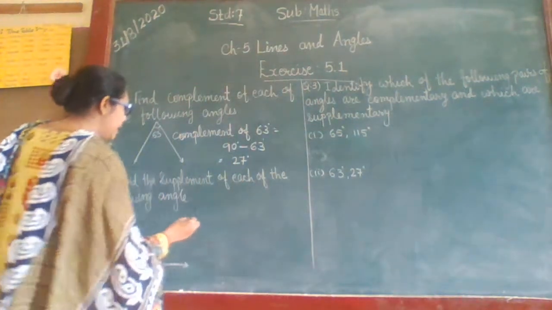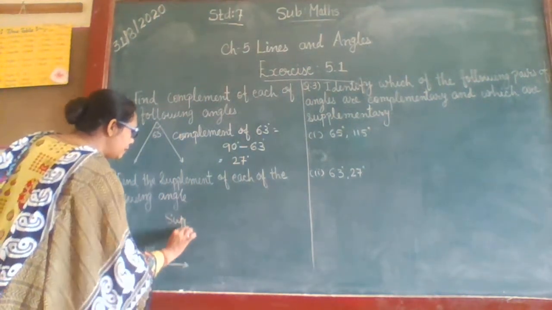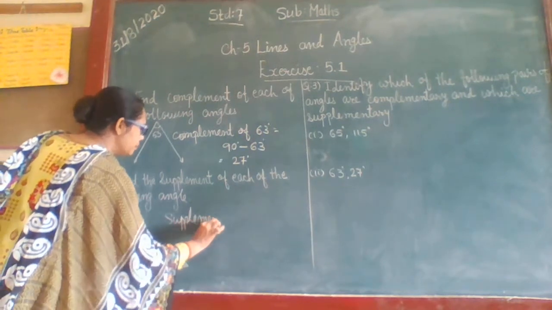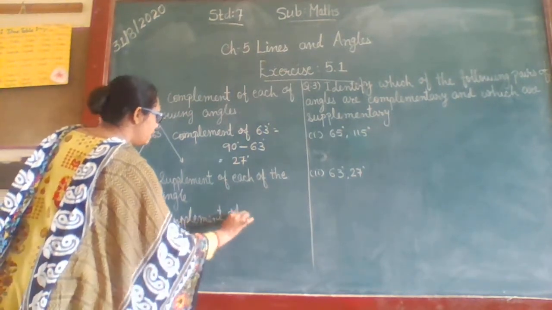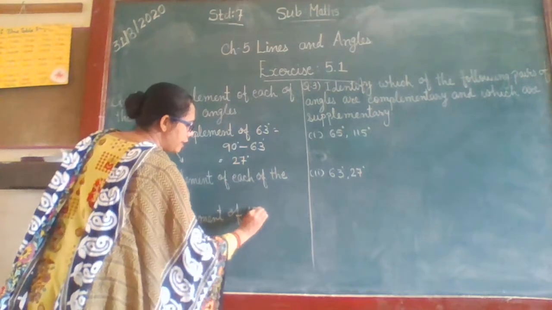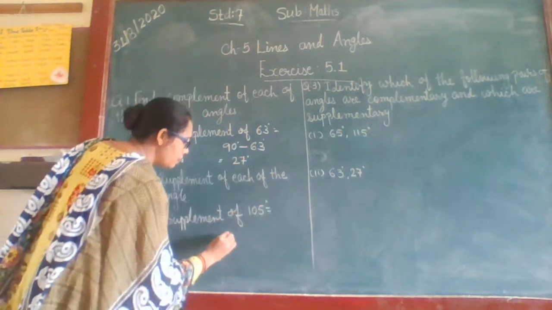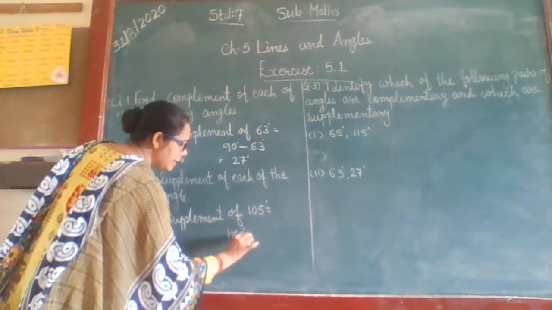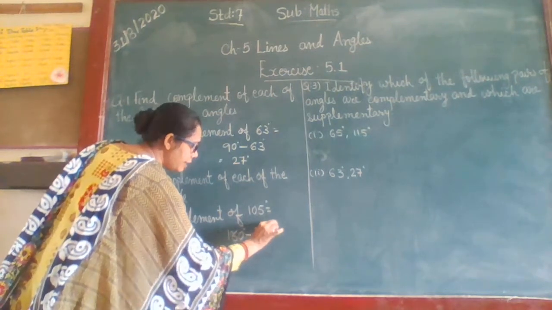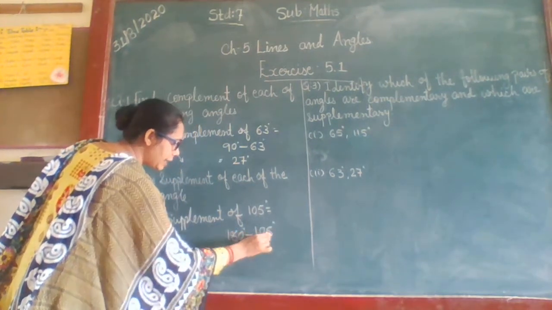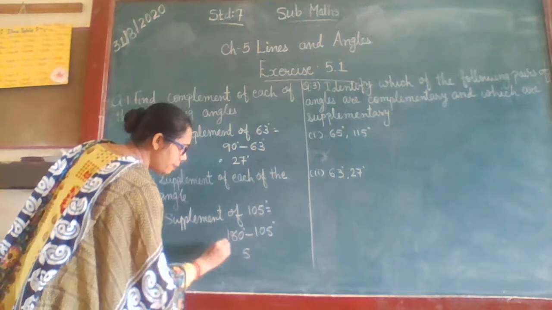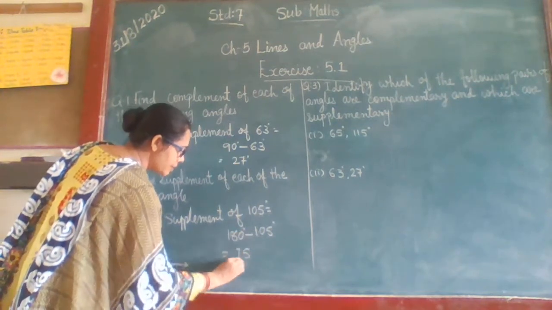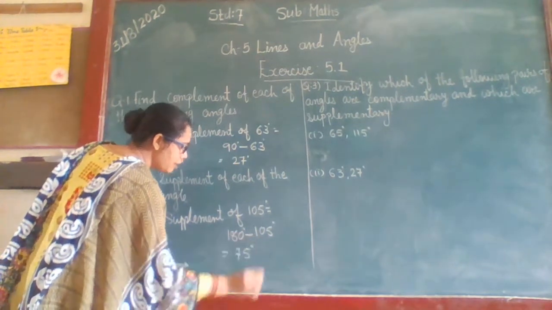So here I write supplement of 105 degrees is equal to 180 degrees minus 105 degrees. So 10 minus 5 is 5, 7 minus 0 is 7 and 1 minus 1 is 0.